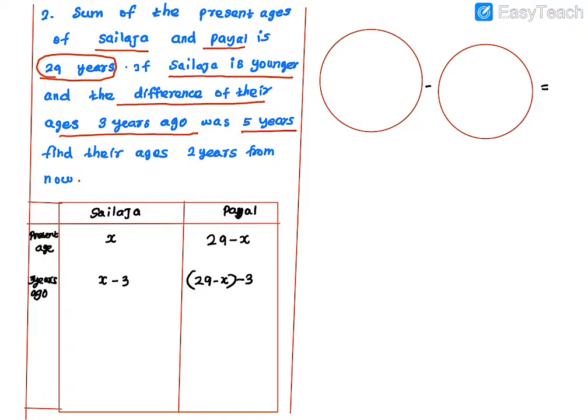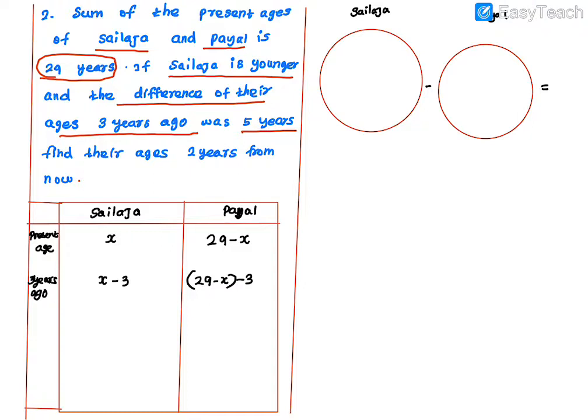This is Shailaja, and the next name is Payal. From the given statement, 3 years ago the difference of their ages.